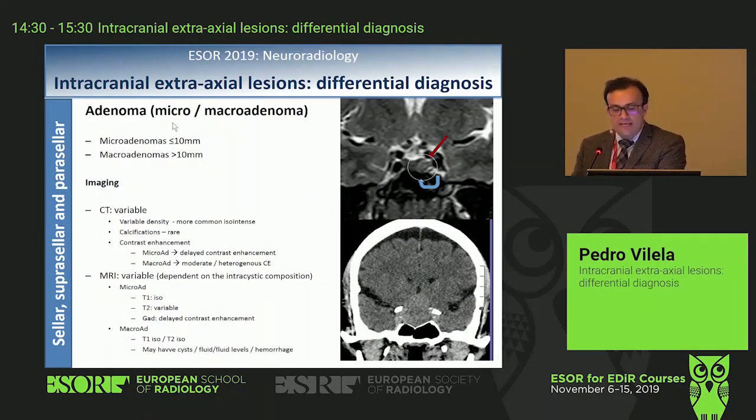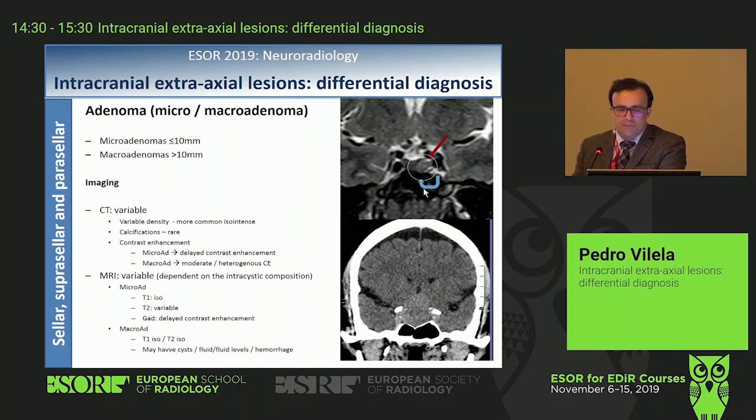The adenomas can be microadenomas, as you see here, small adenomas less than 10 millimeters, or macroadenomas, as you see here, larger than 10 millimeters. On CT, the microadenomas, you might not see them. If you give contrast, you may see that the adenoma area will enhance later than the normal pituitary gland.